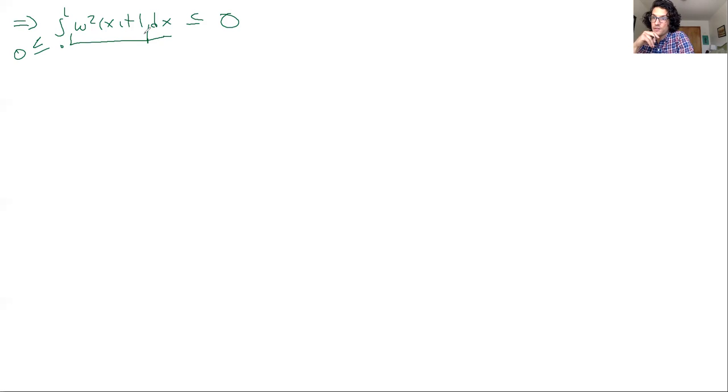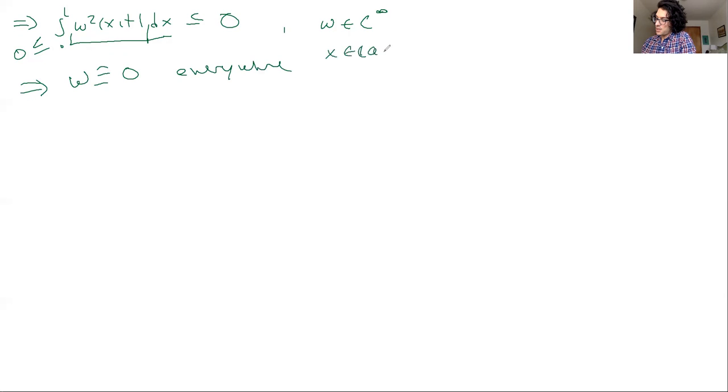Also, because it's a solution to the heat equation, it should be continuously differentiable. So that means that it has to be 0 everywhere, basically, for x in 0 to L and t greater than 0.